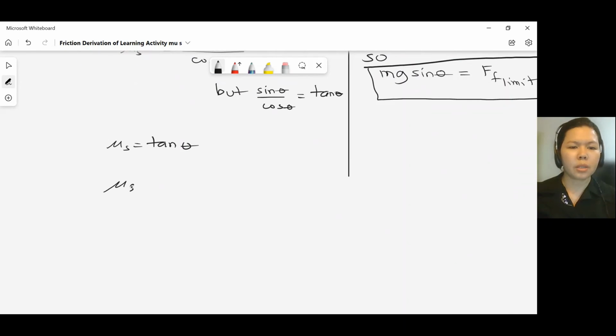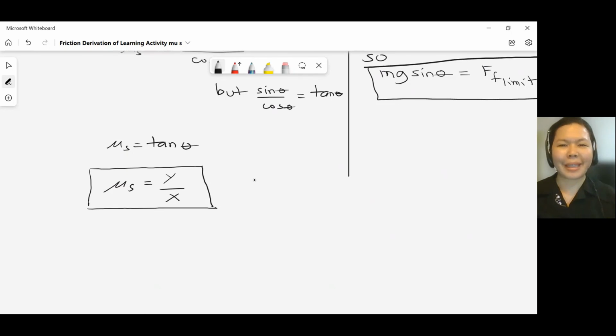Thus, mu s equals tangent theta equals y over x. Thank you for listening.